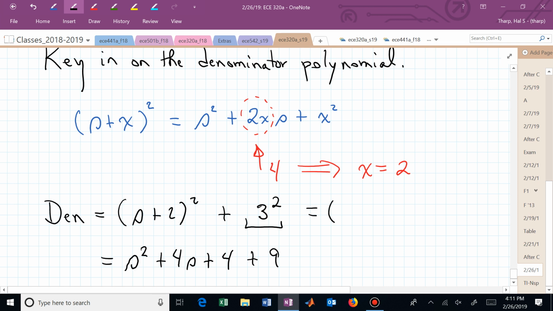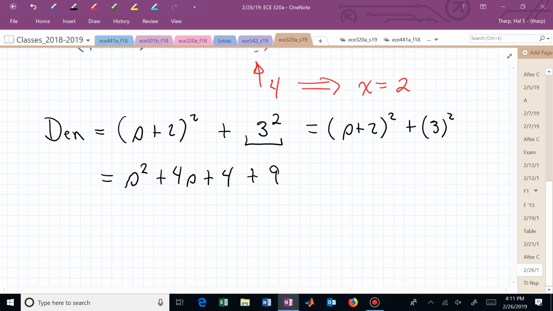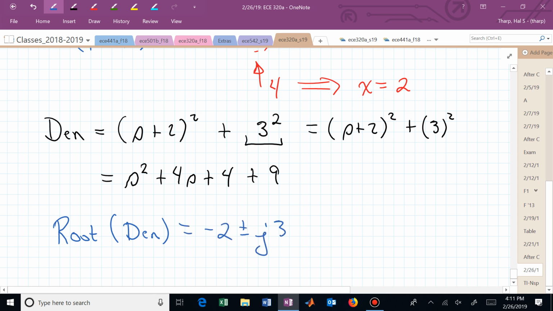So this is the s plus 2 squared plus 3 squared, which is a way, if you said, what are the roots of the denominator polynomial? They're going to be at minus 2 plus and minus j3, where this 2 is right there and the 3 is right there.